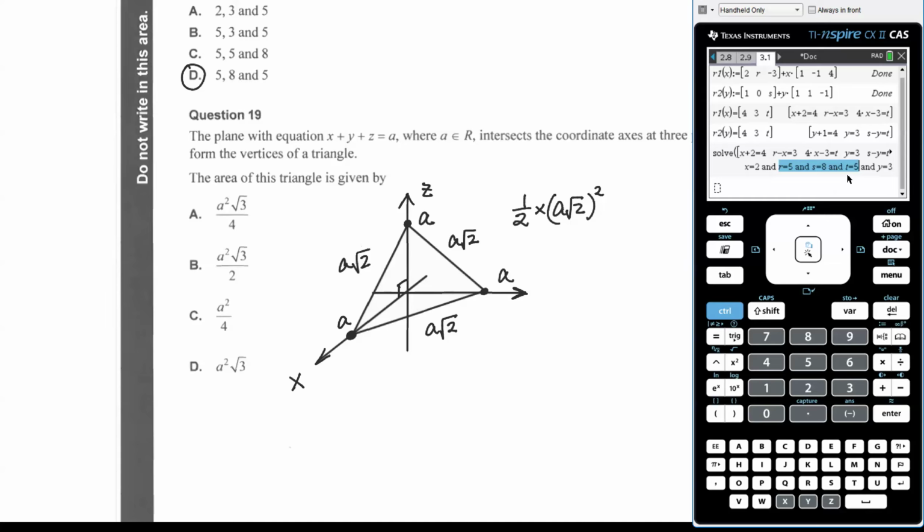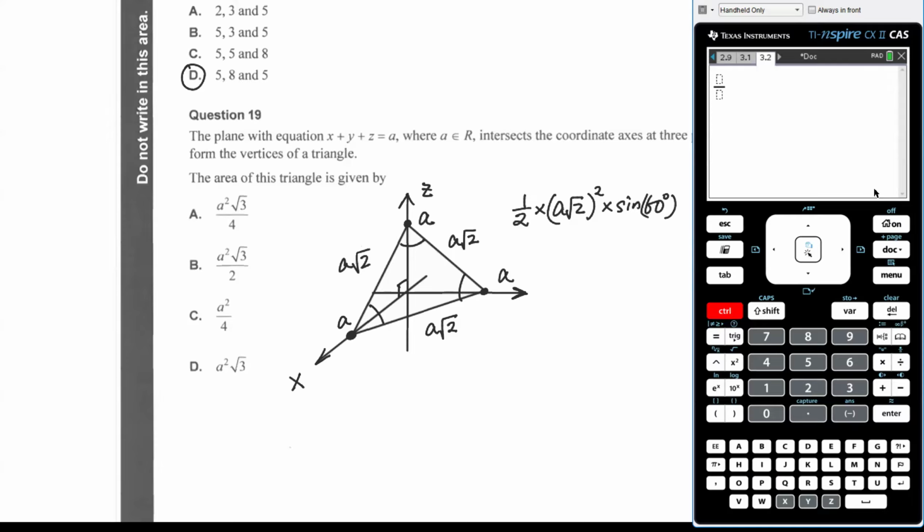So it's square multiplied by each angle is just 60 degrees. So we multiply by sine 60 degrees. So eventually you'll get the square root of 2a, 2a squared actually, divided by 2 times sine of 60 degrees. You'll get a square root 3 divided by 2. Option B.